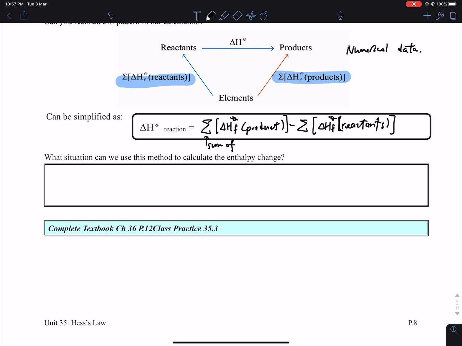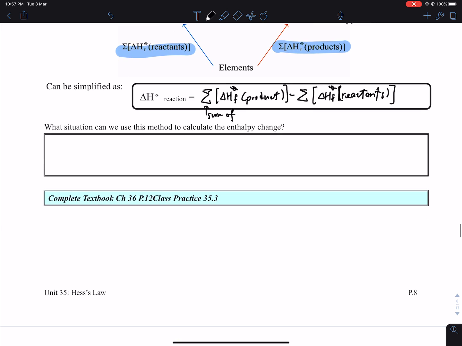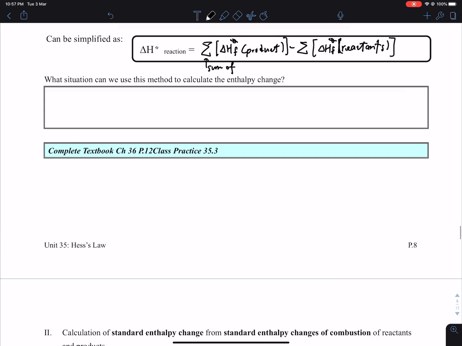So let's make a conclusion again. The situation here would be all numerical data should be formation.